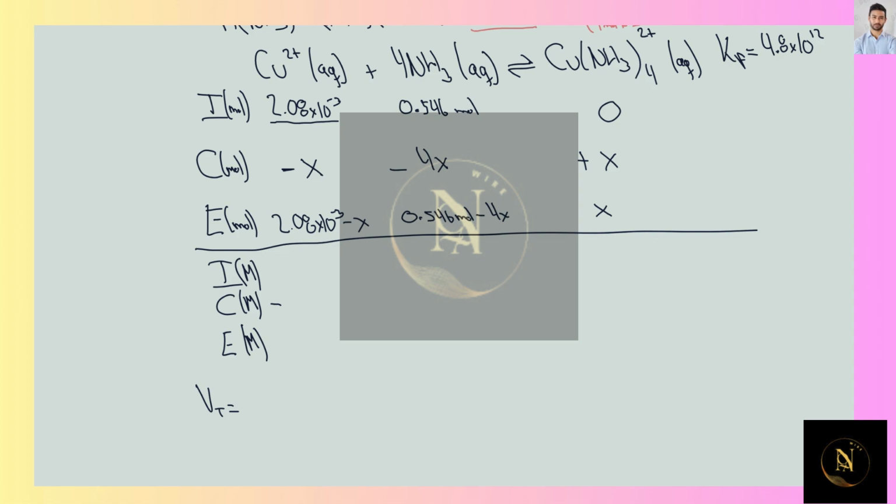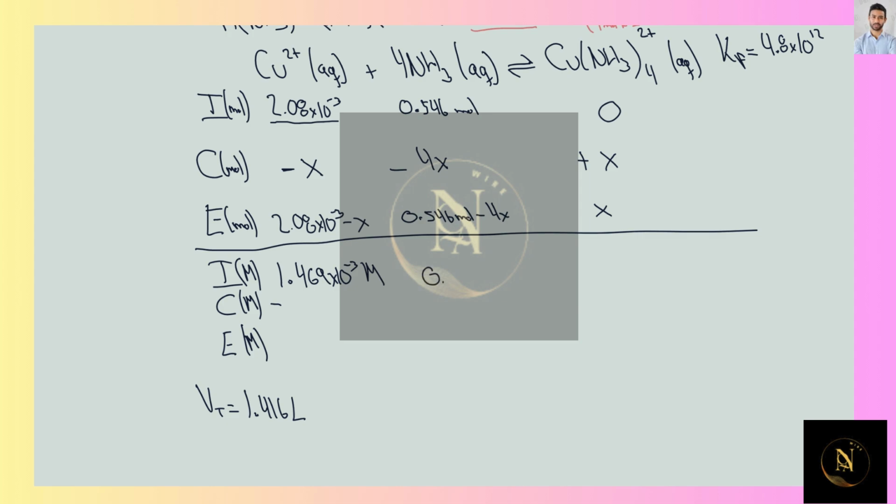So 16 times 10 to the minus 3 plus 1.4 liters. The total volume of our solution is 1.416 liters. That means that my initial concentration of copper 2 plus is 1.469 times 10 to the minus 3 molar. For NH3, we're going to have 0.546 divided by 1.416, the total volume.